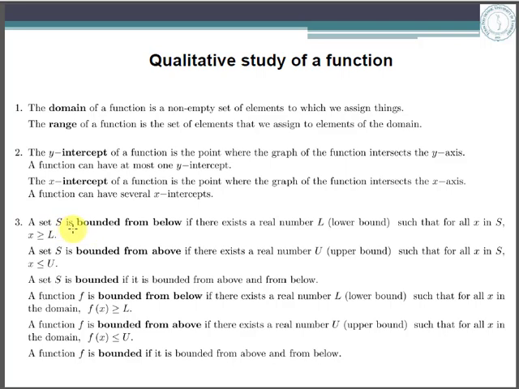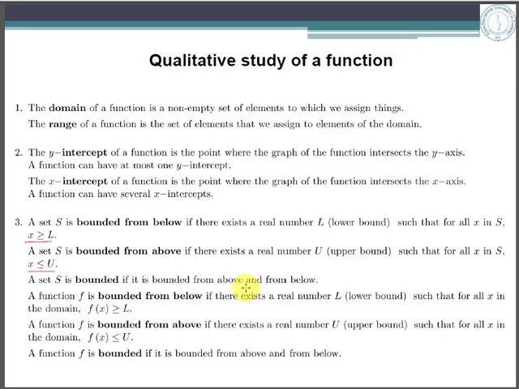A set S is bounded from below if there exists a real number L, which we call a lower bound, such that for all x in S, x is greater than or equal to L. A set S is bounded from above if there exists a real number U, an upper bound, such that for all x in S, x is less than or equal to U. And a set S is bounded if it is bounded from above and from below.